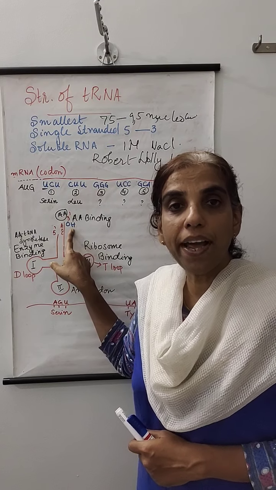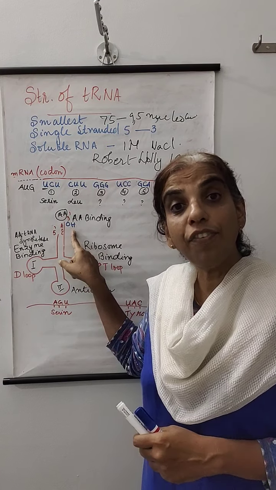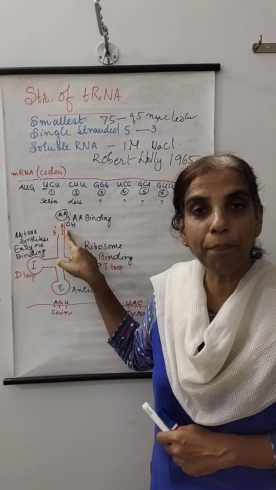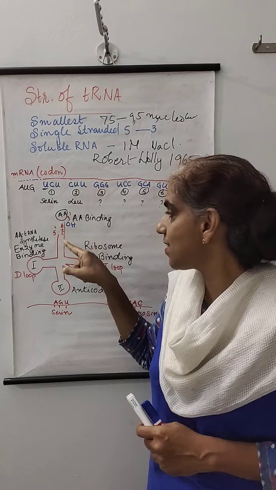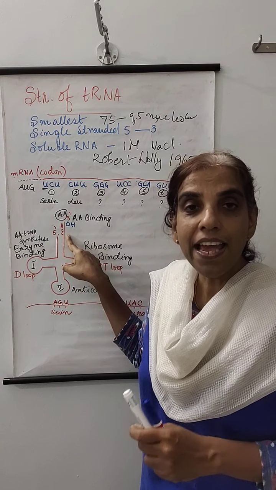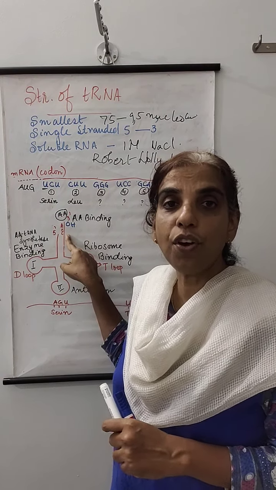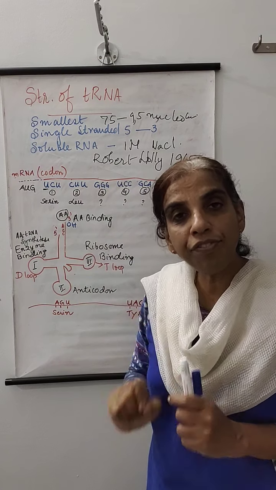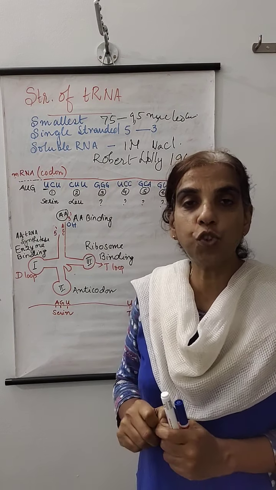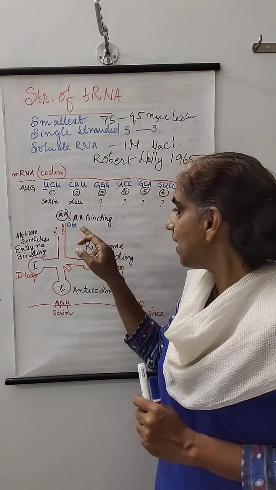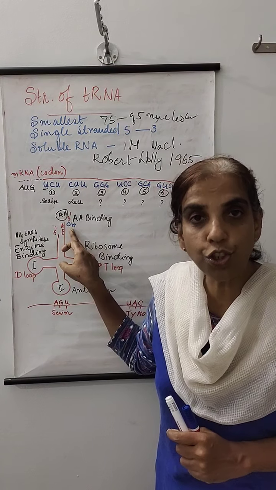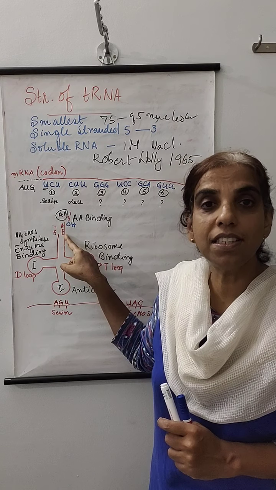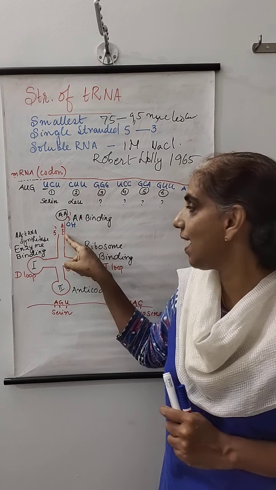The 3' end always has a free OH group, and it always carries a specific sequence of nitrogen bases, CCA. So every transfer RNA at the 3' end has a free OH group as well as the nucleotide sequence CCA.